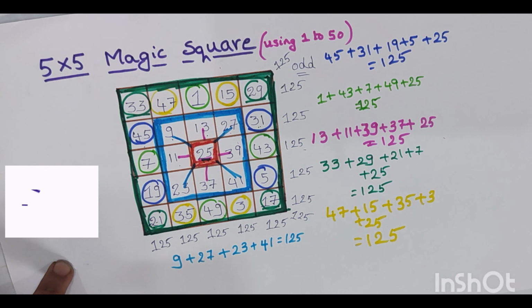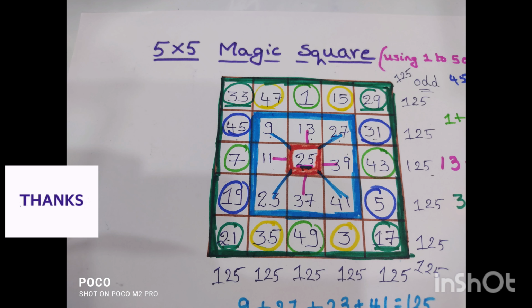So the 5 by 5 magic square is completed by using odd numbers from 1 to 50.